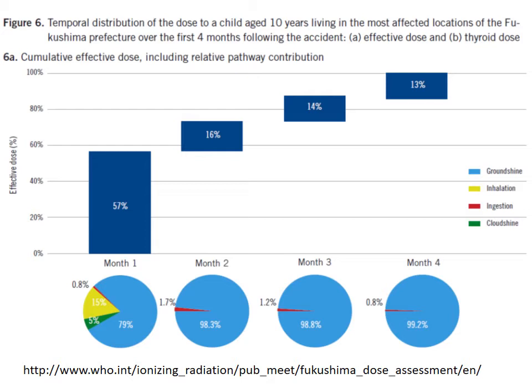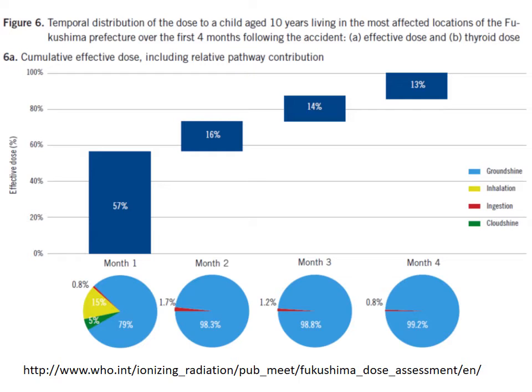They looked at dose over time, so the months following the disaster, and you can see that on their estimates of dose, the majority of the exposure is happening from ground shine, or radiation that has been distributed into the ground or the soil.